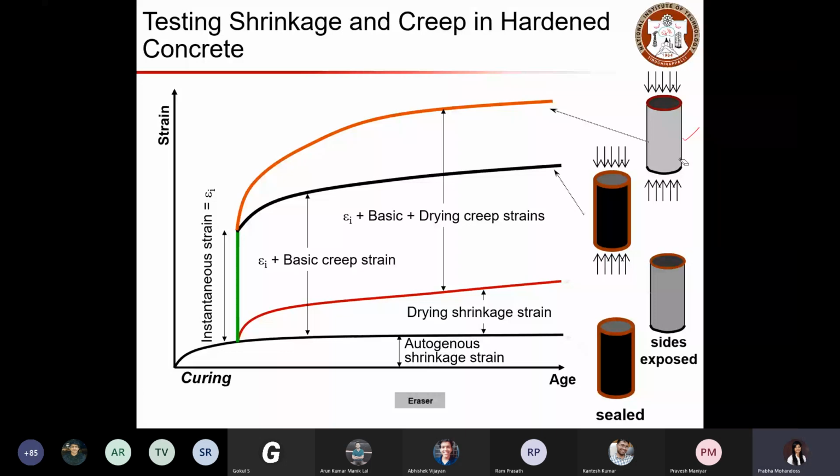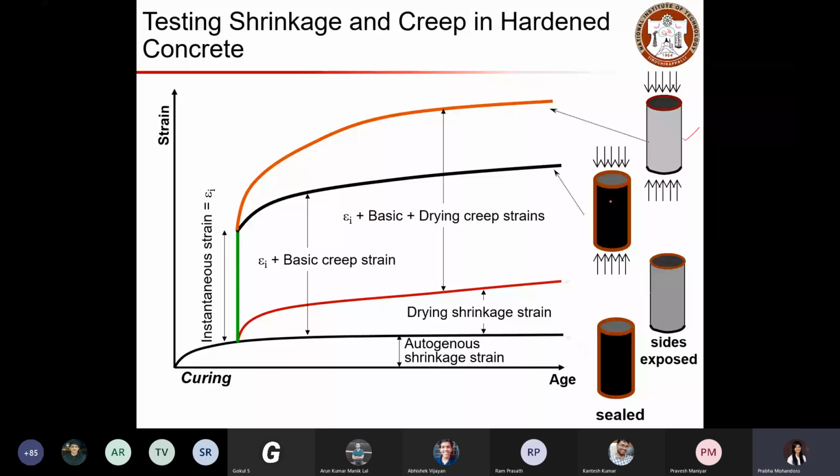Whereas if you want to get only the creep effect, then you have to seal all the sides and just apply the compressive loads to get the creep effect alone. So you will get only the basic creep strain if you subject your elements to a constant load for a longer duration by sealing all the sides of your element.